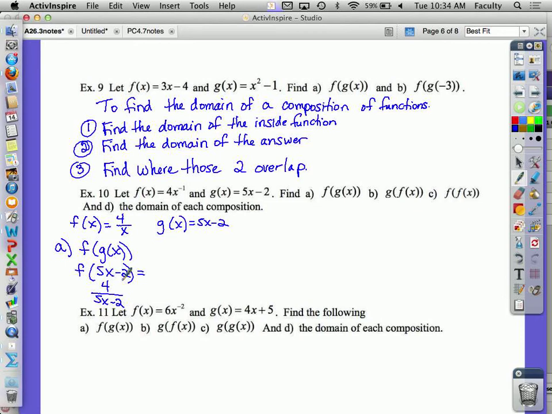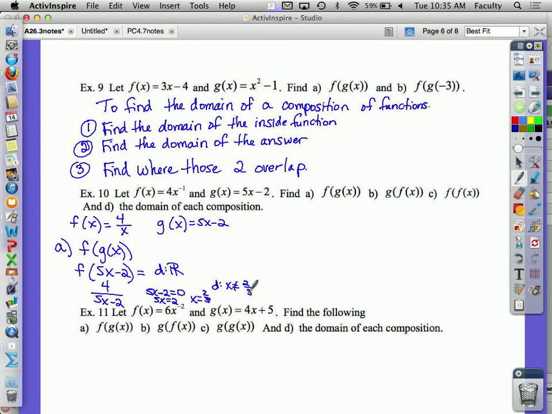So, having said all that, if I look at 5x minus 2, the inside domain would be all real numbers, because it's a slanted line. My answer is a fraction. I cannot have the denominator equal 0. So I set it equal to 0, and I get 5x equals 2, divide by 5, x is 2/5. So the domain is everything except 2/5.